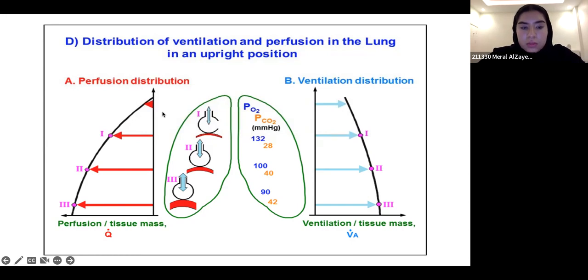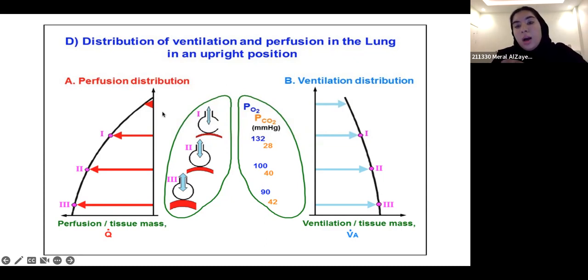Do you guys know that? High VQ ratio, or high ventilation to perfusion ratio. Perfect. It indicates that the PO2 is high and the PCO2 is low, because the person has high ventilation, bringing in enough oxygen and taking out carbon dioxide.